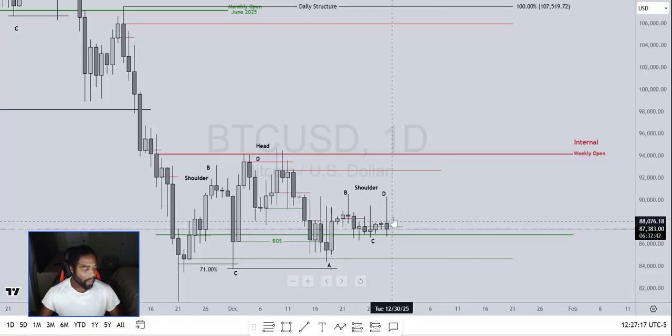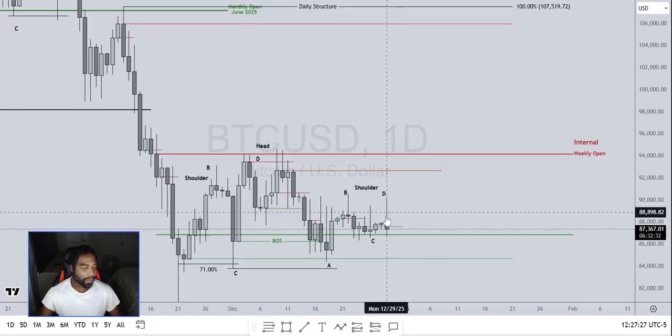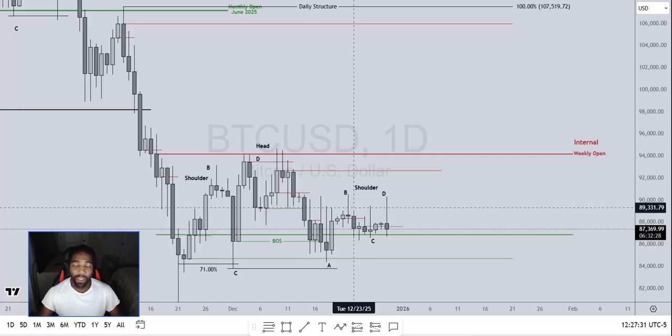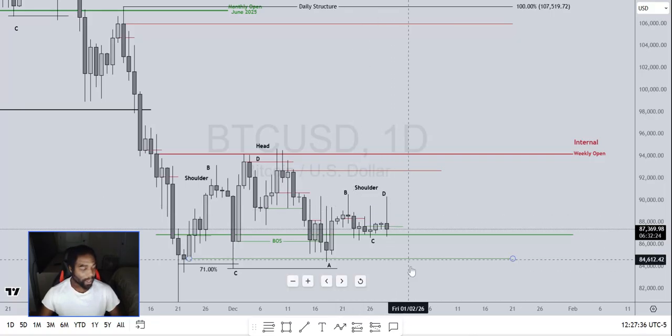In that, as you can see, we got that low high retracement continuation. And as you can see, price pushed up here and is rejecting, showing us a failed continuation that can cause price to reverse and continue to the downside.